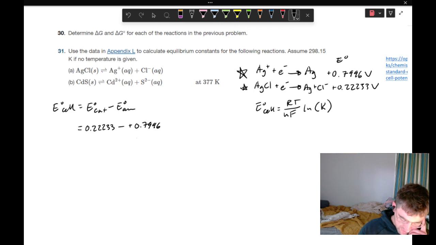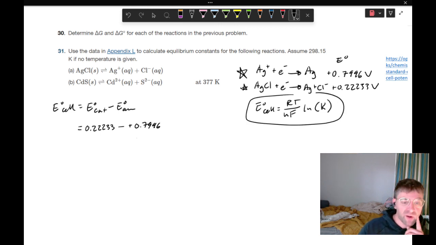Yeah, we still need to figure out what the standard cell potential is in order to calculate this value K. Is why we're going through this exercise, in case that wasn't clear. This isn't for no reason. And that is negative 0.5773 volts is our standard cell potential.